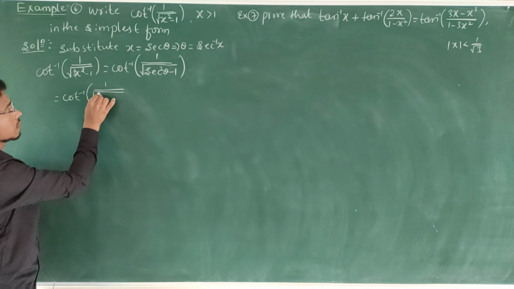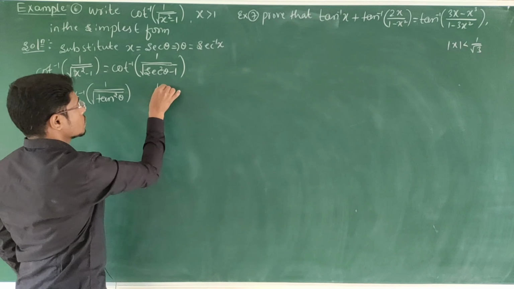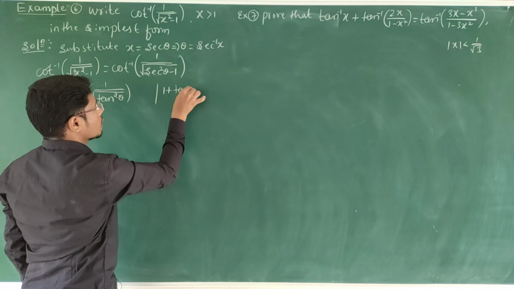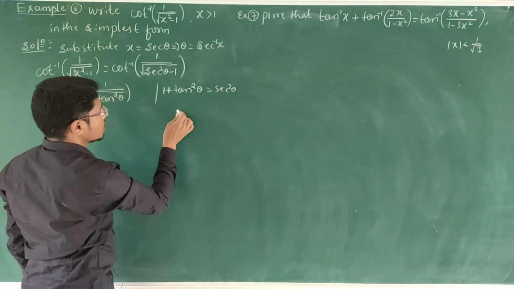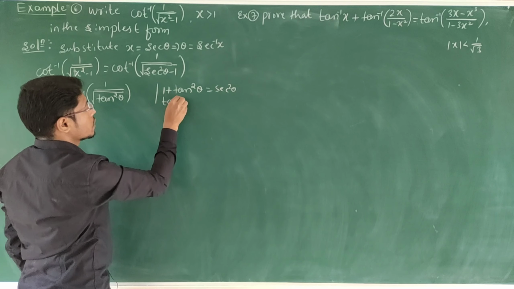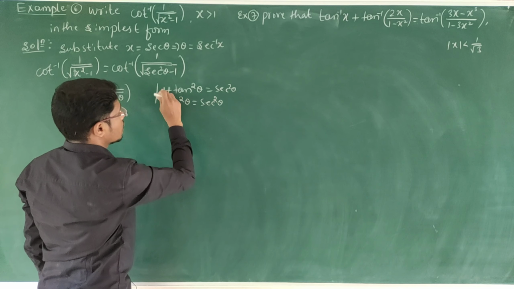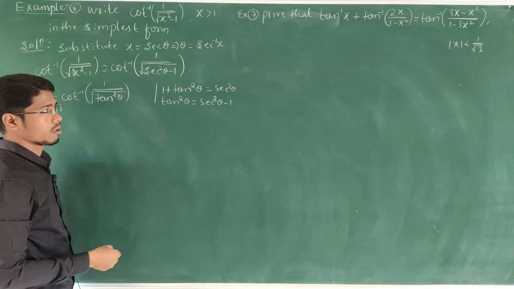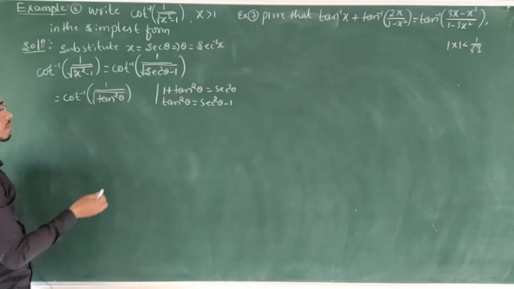This is tan square theta, because 1 plus tan square theta is equal to secant square theta, so secant square theta minus 1 is tan square theta.